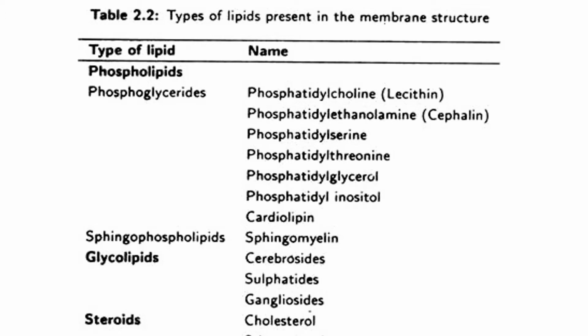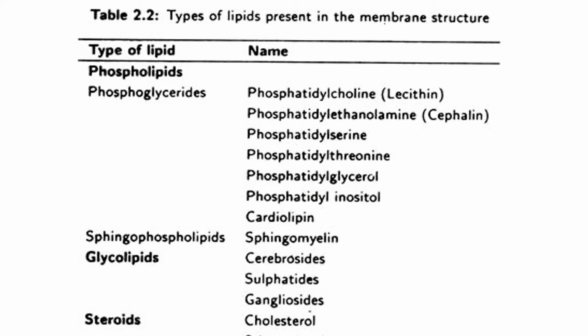If you recall, while discussing the lipid bilayer of the plasma membrane, we discussed these different phospholipids in detail, and also we will discuss cardiolipin in the next few slides. Besides those phospholipids, other conjugated lipids which are part of the lipid bilayer of the cell membrane include sphingolipids, that is sphingomyelin, and glycolipids.